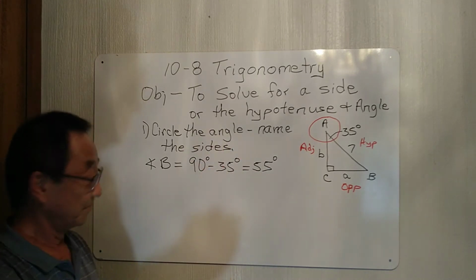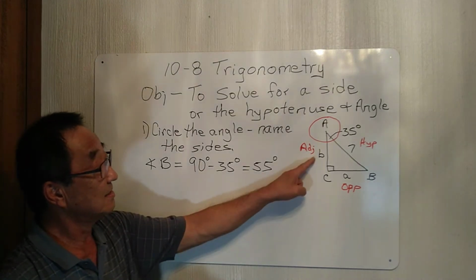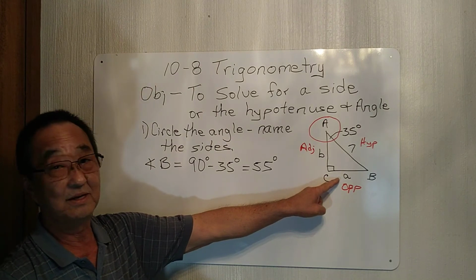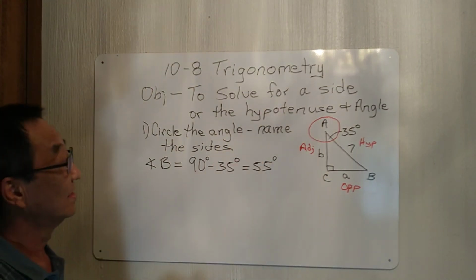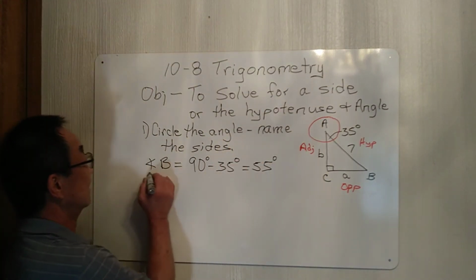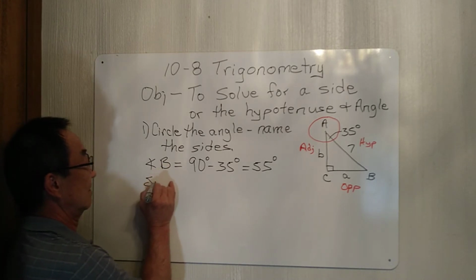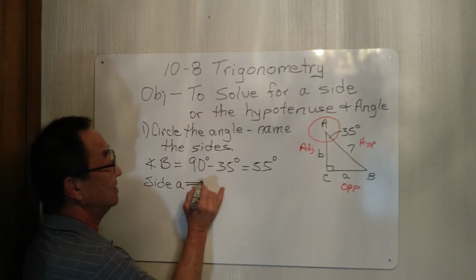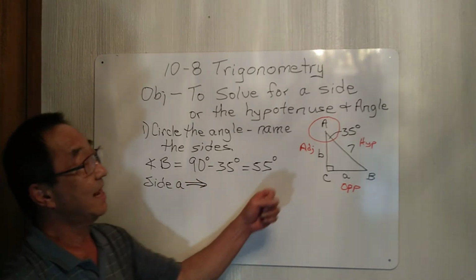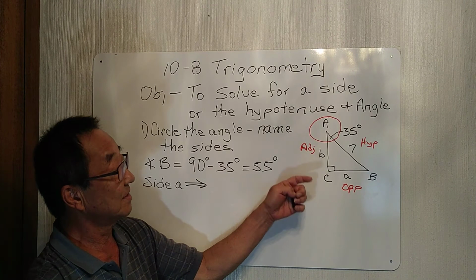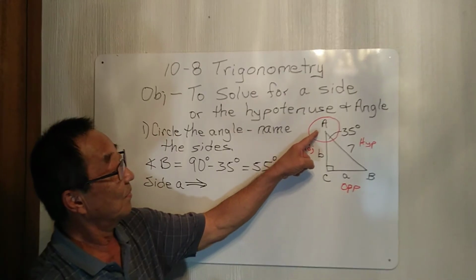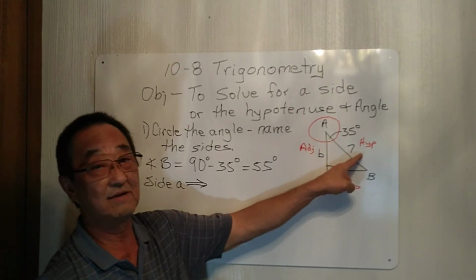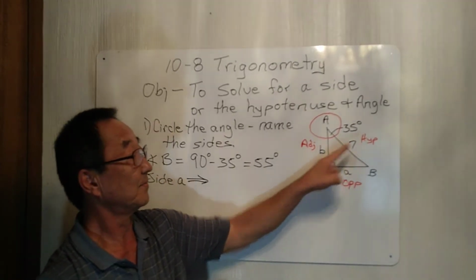All right, the next one is you either have to find side A or side B. Let's just go ahead and do side A. To find side A, you're going to name the sides that are associated with that one. The side associated is the opposite side. You are given the hypotenuse.